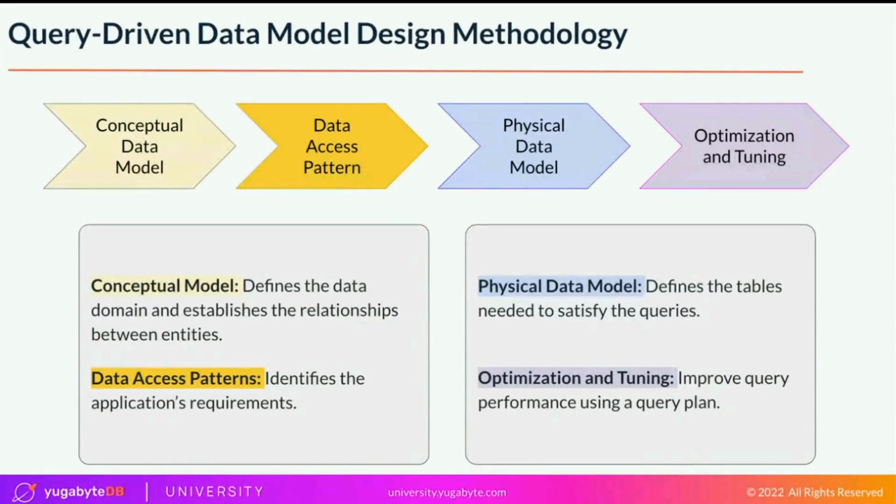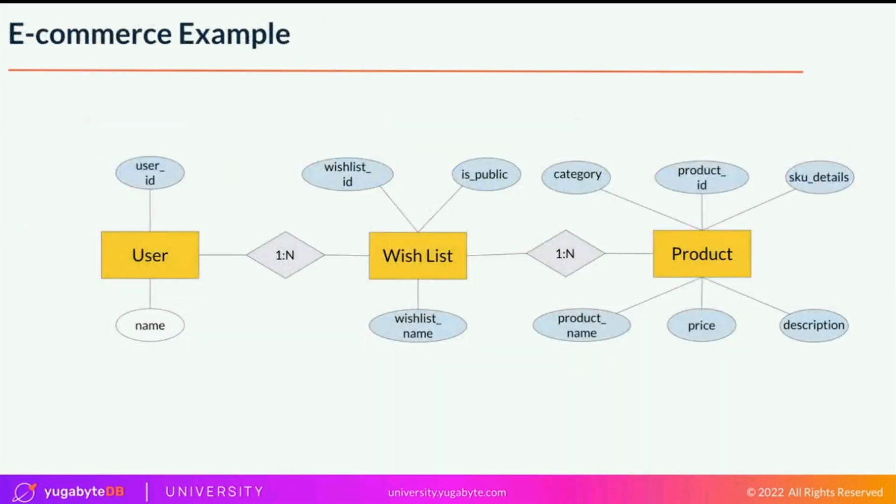That way it won't have to deal with the added network latency that you might get in what you would consider a distributed document store. So next we'll talk also about the optimization and the tuning in order to improve the query performance using a query plan.